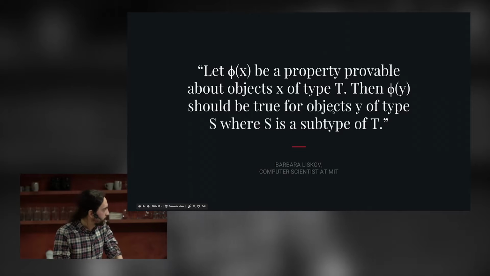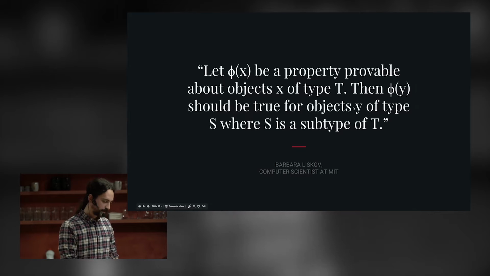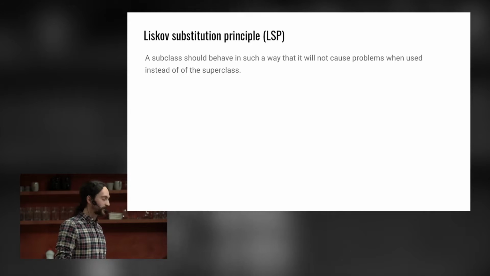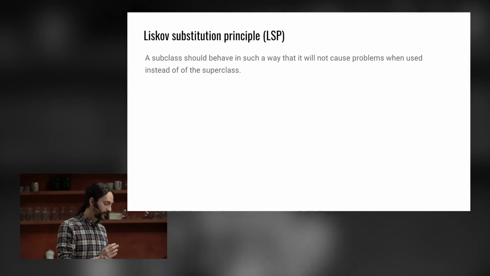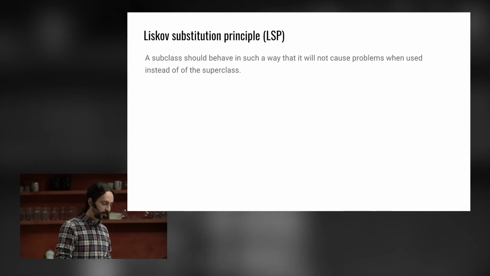So this one is the substitution principle from Barbara Liskov. I think everyone can understand that. Okay, so what this means is that a subclass should behave in a certain way. If you are extending a class, you should pay attention that you make it interchangeable with the base class without any side effects.